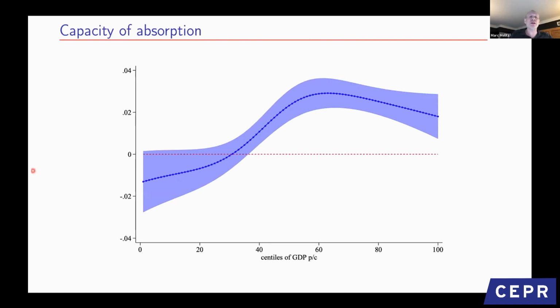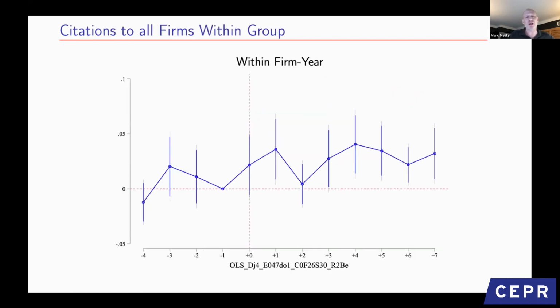And here we see very clearly a pattern where we don't see these spillovers occurring in destinations representing the bottom 30, say, percentile of the distribution of GDP per capita among the destinations. And we do clearly see some evidence of a hump shape where these spillover effects tend to be concentrated in countries in the upper middle of the distribution of country incomes.